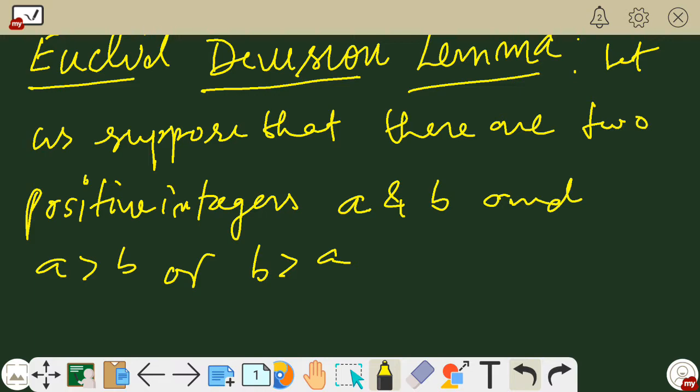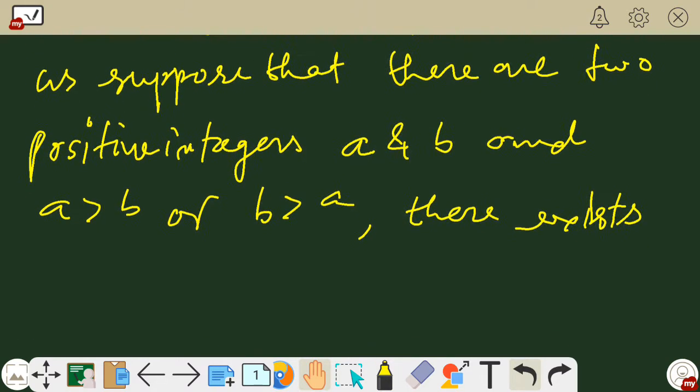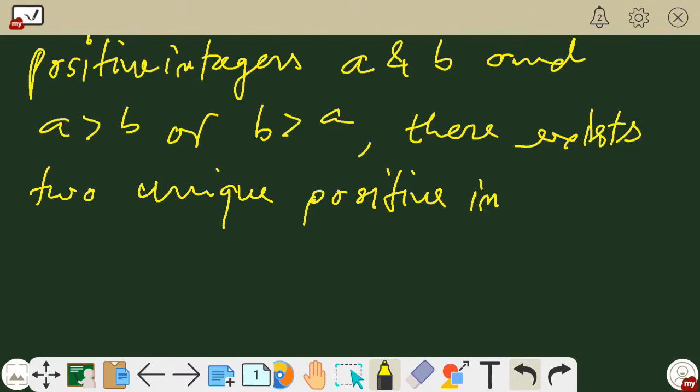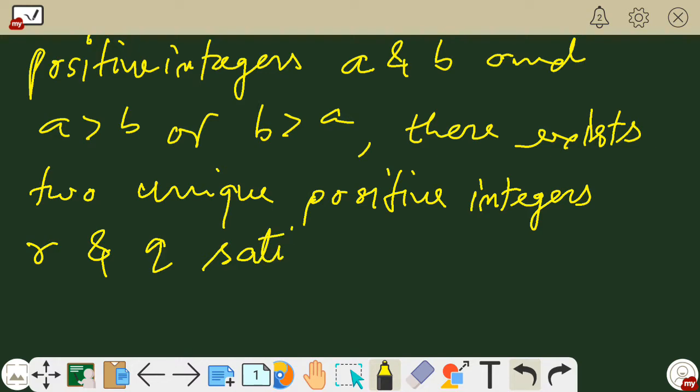So there must exist two unique positive integers r and q satisfying the condition.